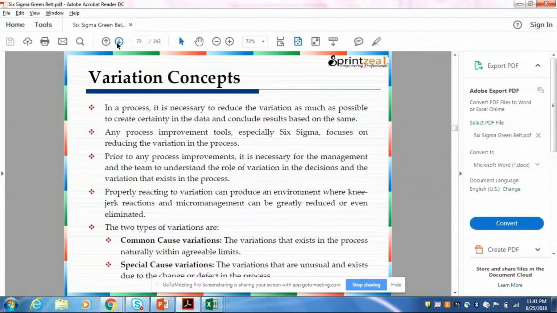One is the common cause variation, something that exists in the process naturally. And then there's another one, which is the special cause variation. If you remember the pilot A example of that aircraft, the variation that he's doing within the specification range is common cause variation.